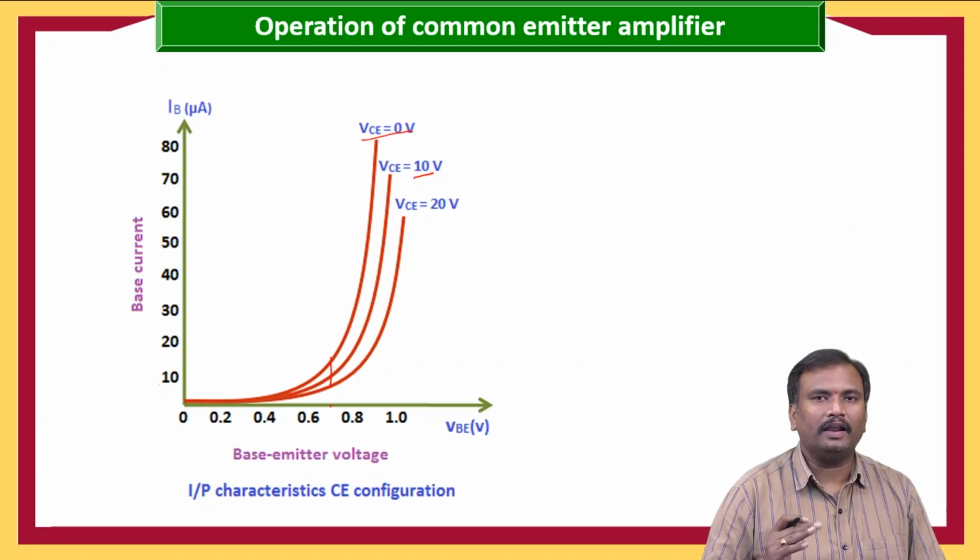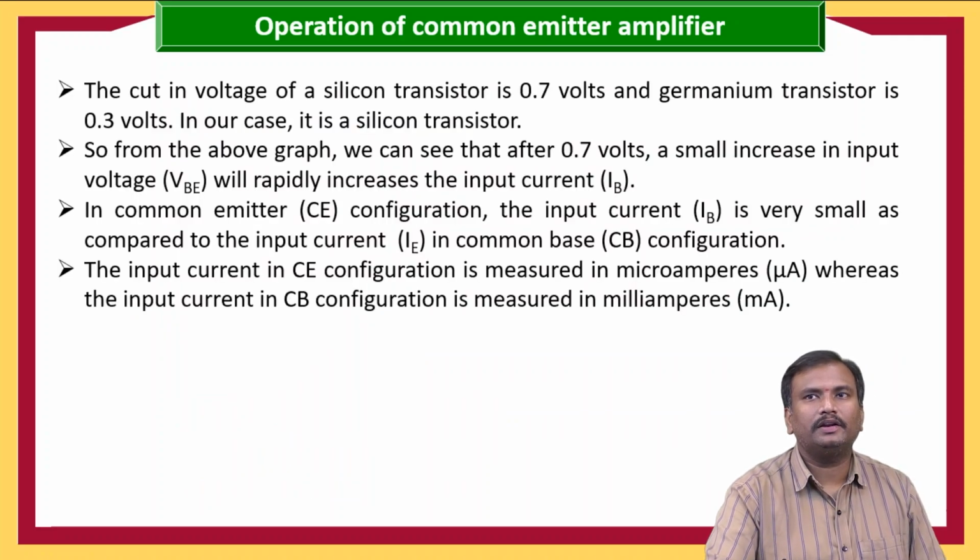with a large value. In the common emitter configuration, the input current IB is very small as compared to the input current IE in the common base configuration.